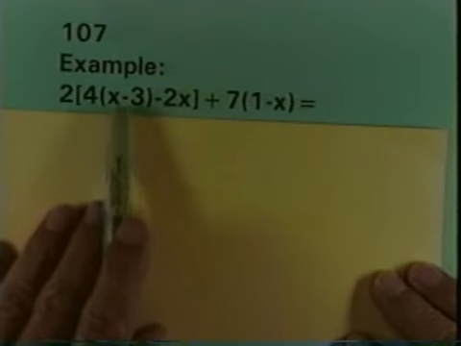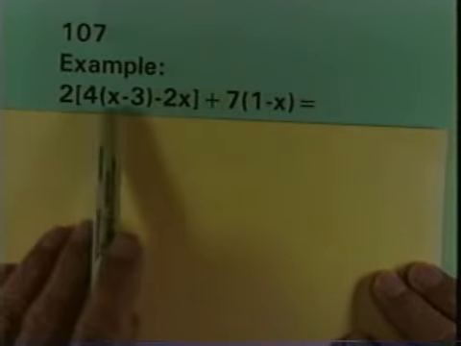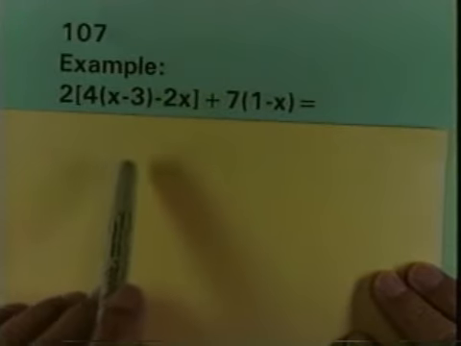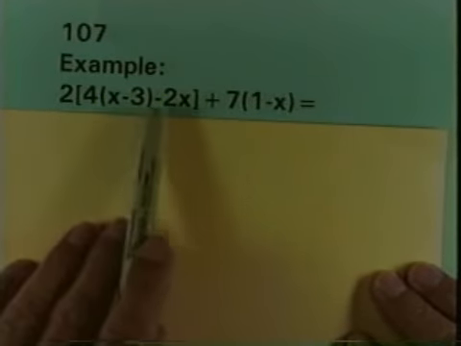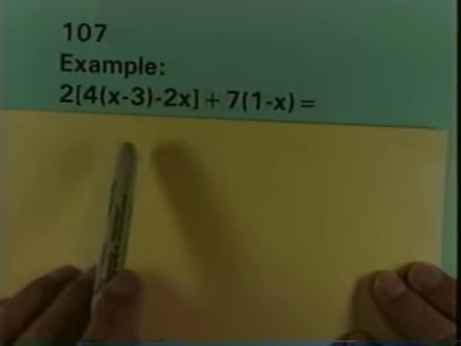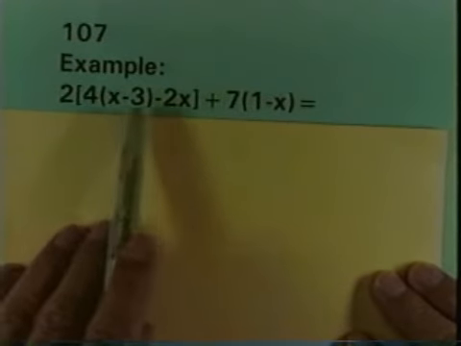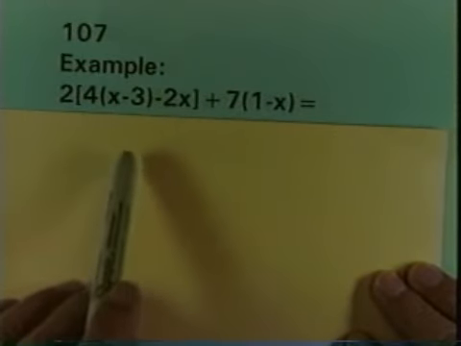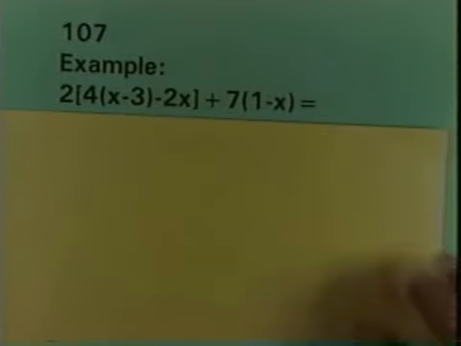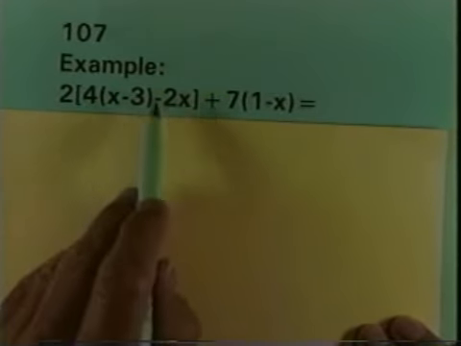Since I have the parentheses inside, I work within the parentheses first. Well, I really can't do anything with x minus 3. The terms are not alike, so therefore I cannot combine them. But I can distribute. So I can do the multiplication. See, within the brackets I have multiplication and subtraction.